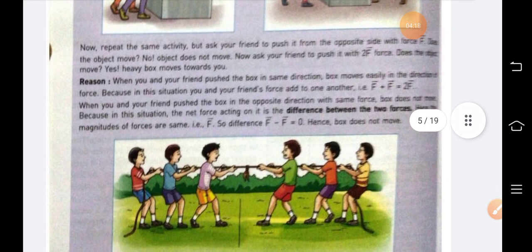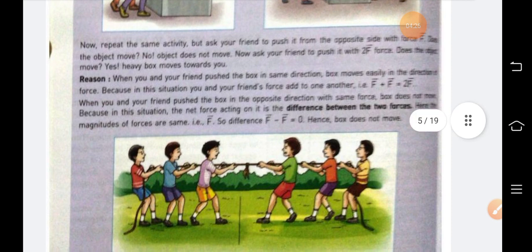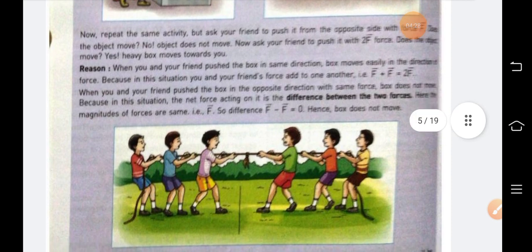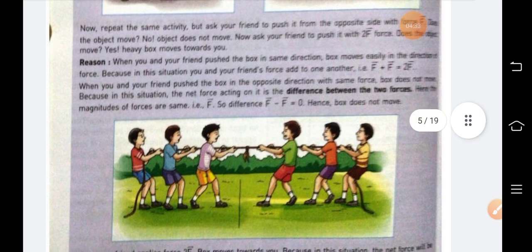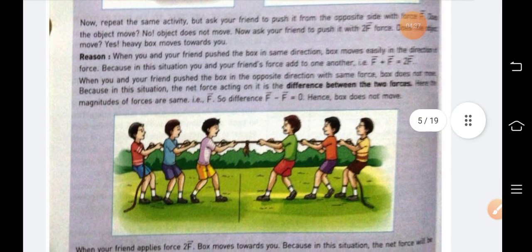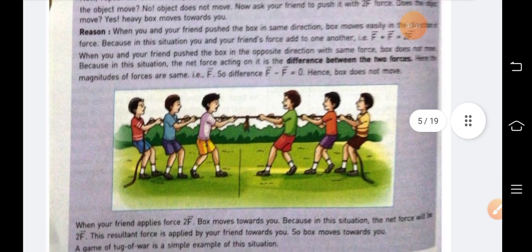And when you and your friend push the box in the opposite direction, the resultant force is cancelled because of the same amount of force, and the difference between the two forces is 0. So the box will not move.